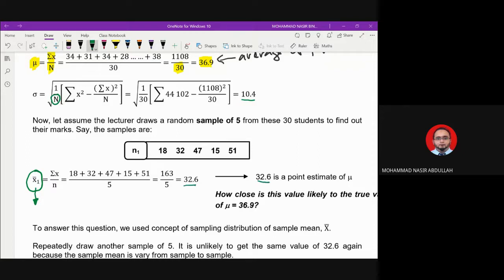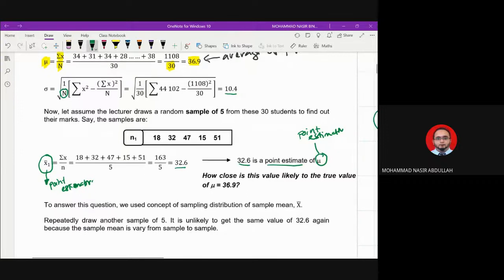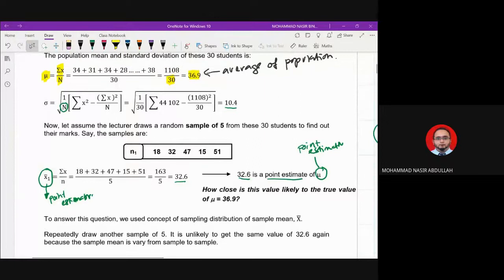So 32.6 is the point estimate of mu. This is a point estimator for the population, and this is a point estimator for the sample. Now, how close is the value to the population mean of 36.9? You can see it diverts a little from the original value.